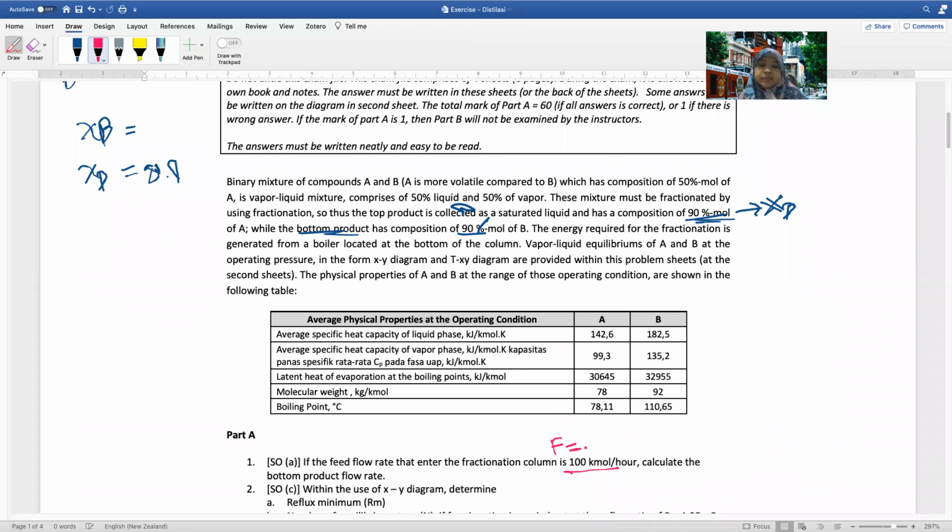What else? The feed composition, which would be ZF, 0.5. What else? Any other? Want to try?